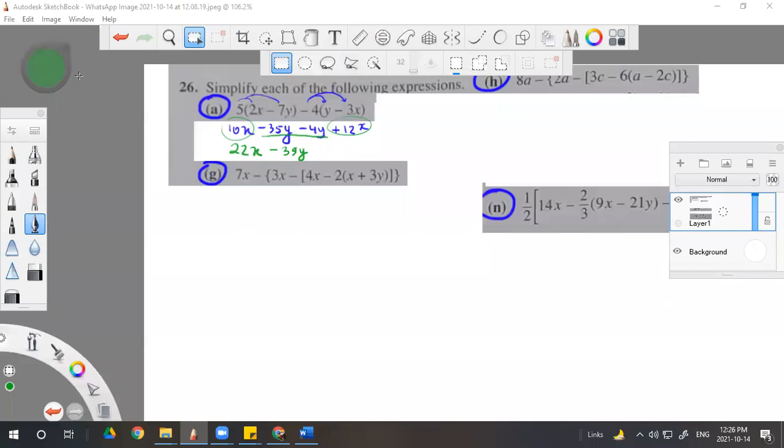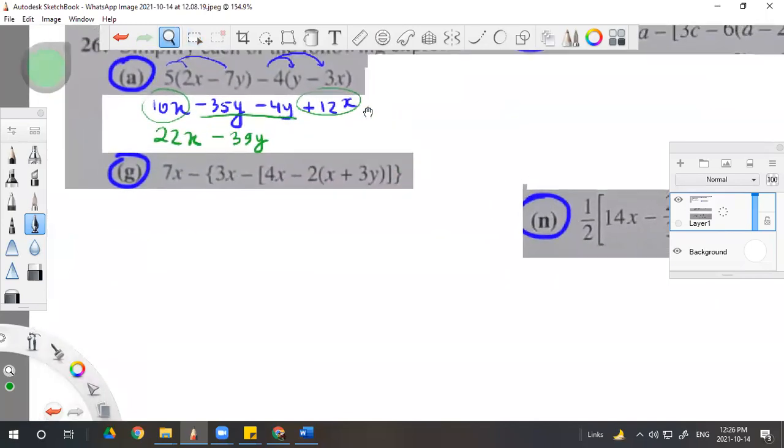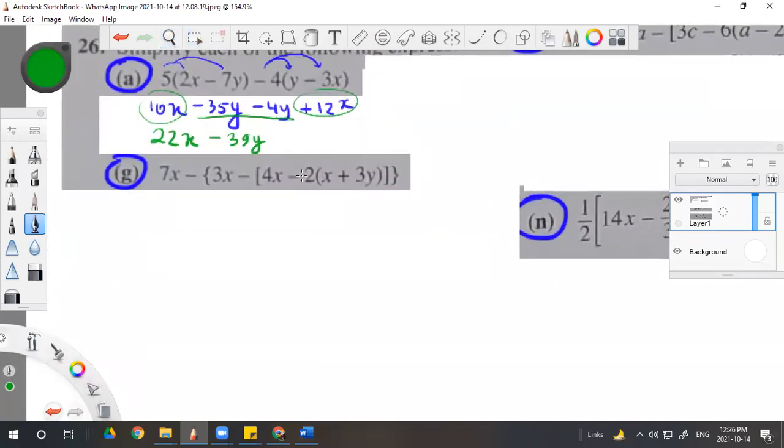Okay, we continue. Next, G. How to do G? We have some layer of brackets. So we have to do one by one. The innermost bracket. There you go. So sisanya apa? Ditulis dulu. Ya, 3x, 4x, minus 2x, minus 6y. Ya, close bracket. So yang curly bracket udah curve bracket udah hilang, udah nggak ada.